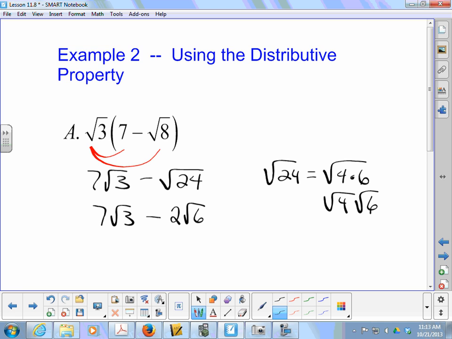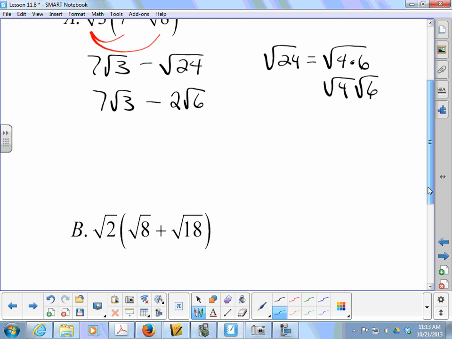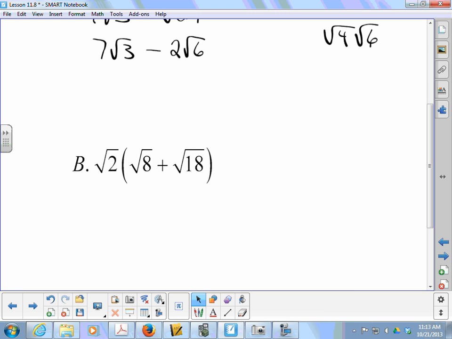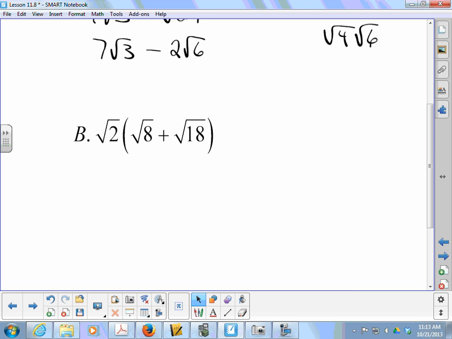All right, let's look at another one using the distributive property. Square root of 2 times the square root of 8 plus the square root of 18.